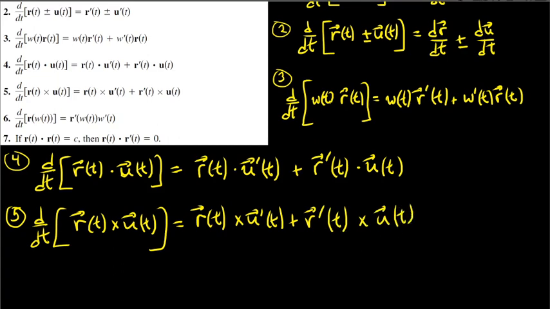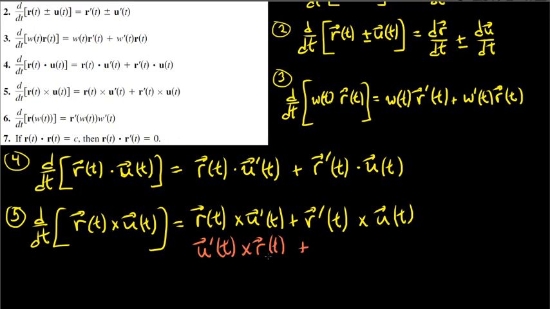Here you have to be careful, because you can change the order of the sum, and you could have done that for the dot product too. But what you cannot change is the order of the products. You cannot say this is u prime cross r, or, for the second one, u cross r prime.